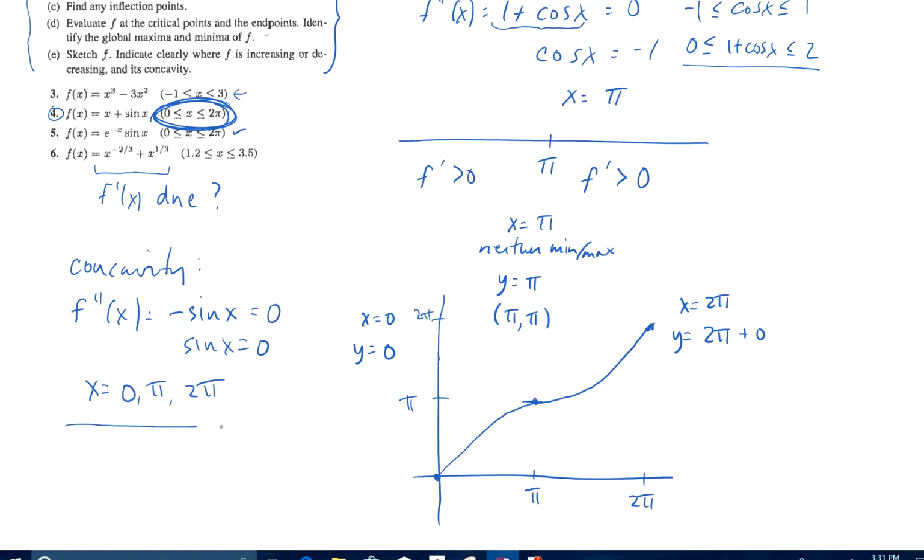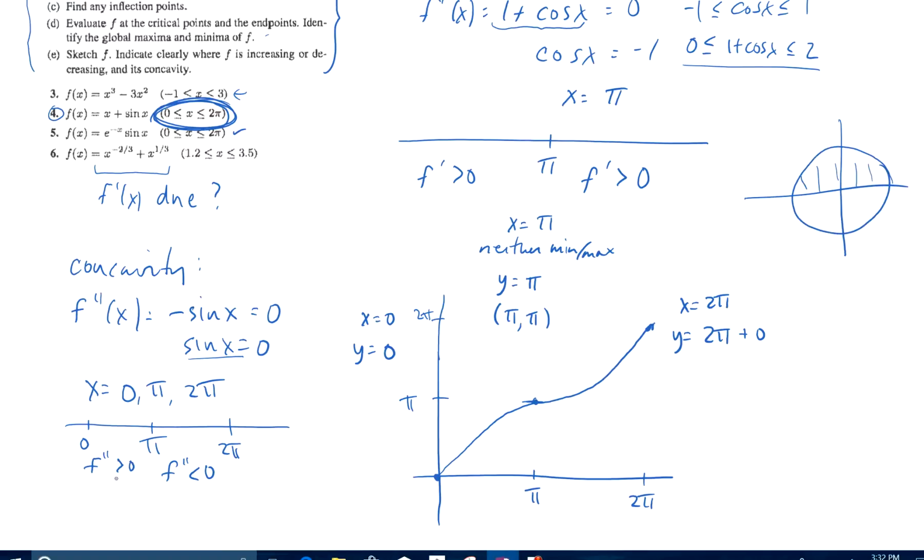So let's check concavity on these intervals: 0, pi, 2 pi. Remember, I only care about what's between 0 and 2 pi. From 0 to pi, the sine of x is my y coordinate, so it's going to be positive. And from pi to 2 pi, it's going to be negative. Again, I'm thinking unit circle, right? The sine are my y values.